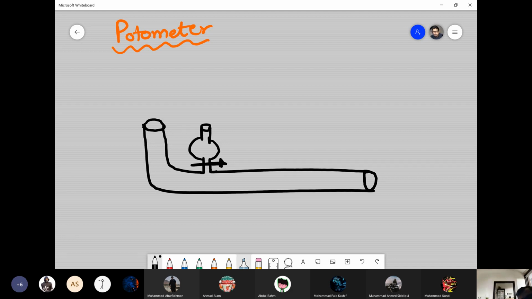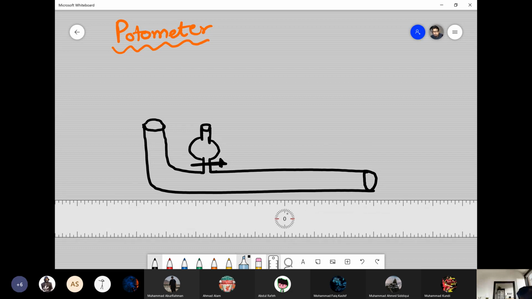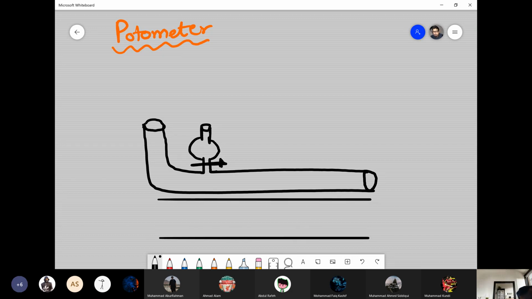What do we do? We fill this potometer, and with this potometer, there is a scale as well, like 0, 1, 2, 3, 4, 5, 6, 7, 8, 9, 10, 11, 12.